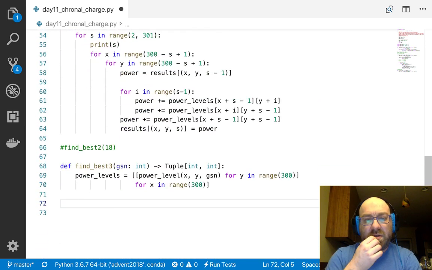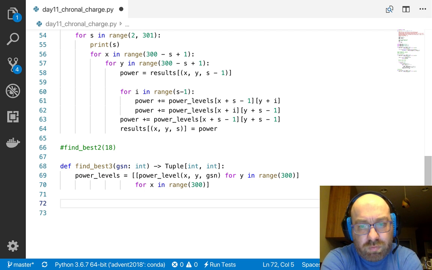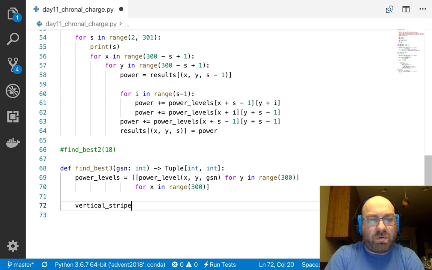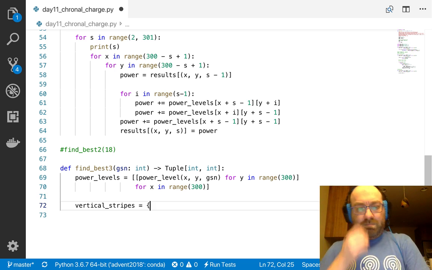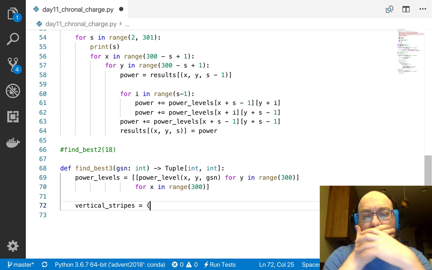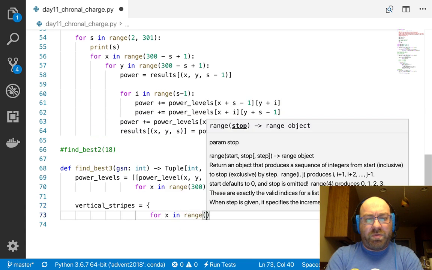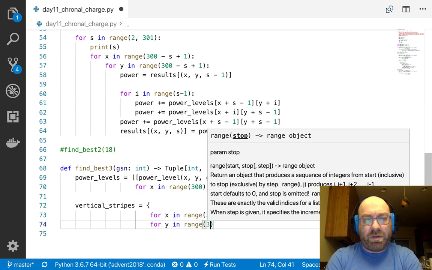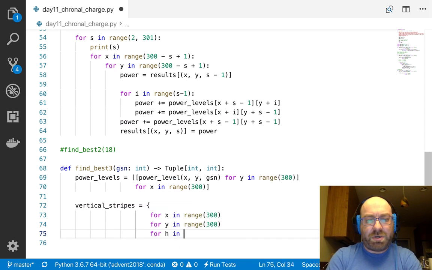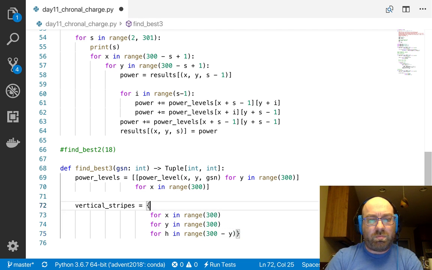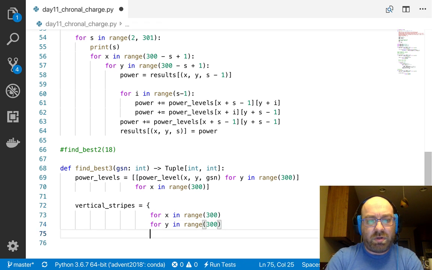So power levels is that, and then vertical stripes equals, for x in range 300, for y in range 300, for h in range 300 minus y, or no, we'll just do height 1.